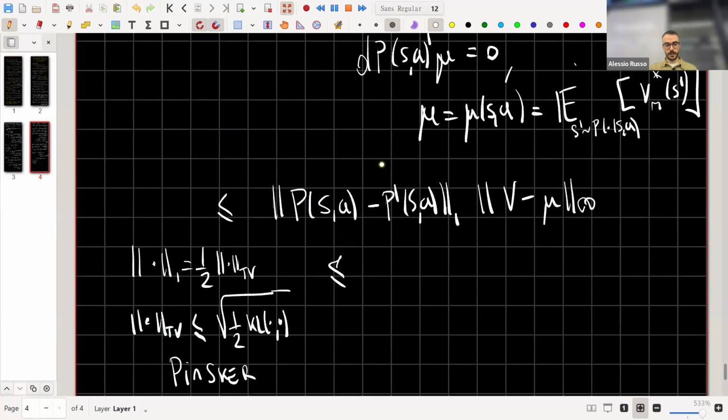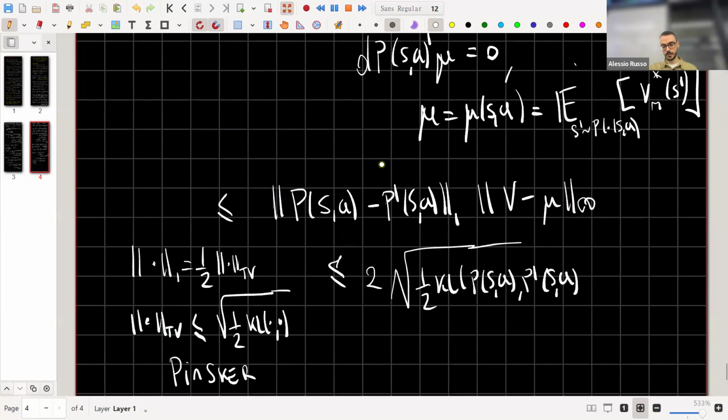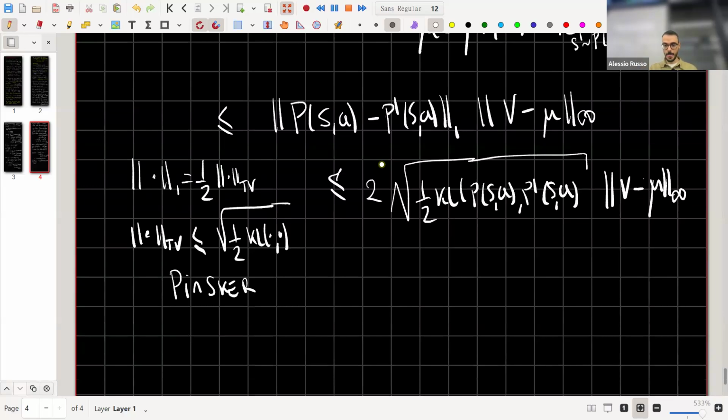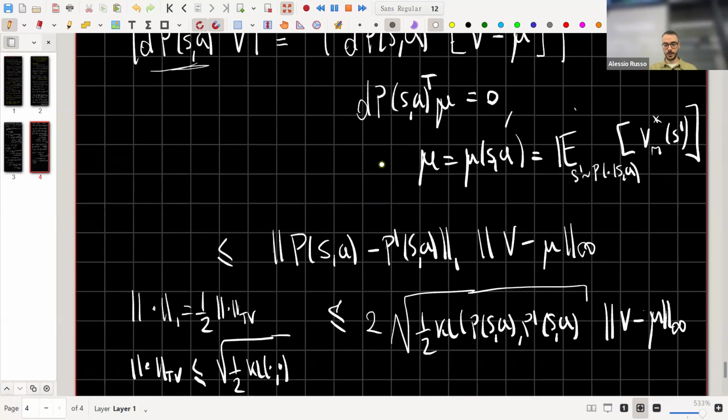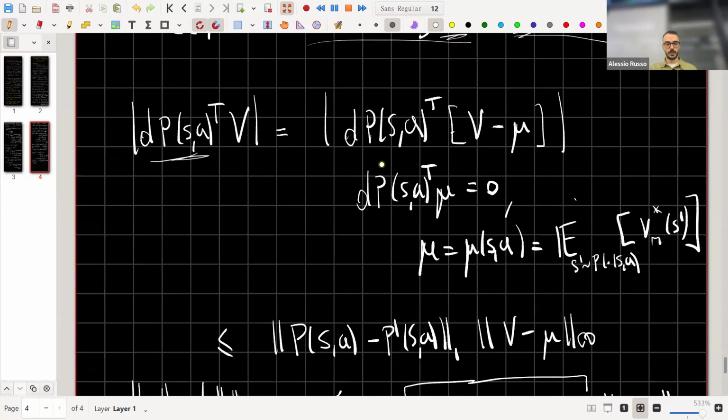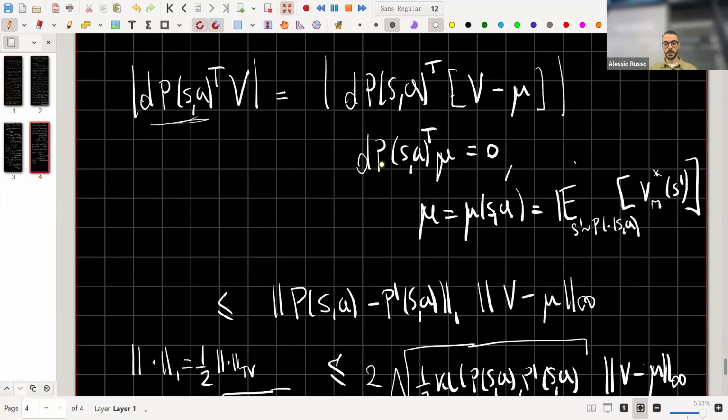And so here we can upper bound this term by 2 square root of 1 over 2 KL of P SA, P prime SA, times the infinity norm of V minus mu. This will be useful later because we can now lower bound the KL of P prime by this inner product divided by the infinity norm of V minus mu.